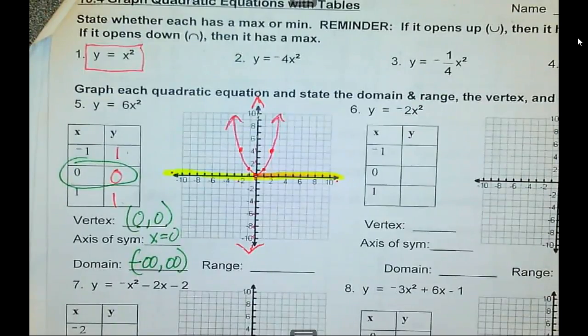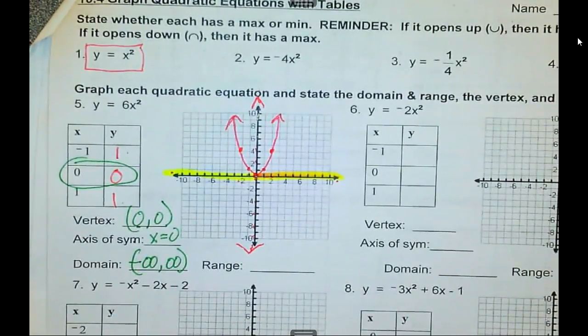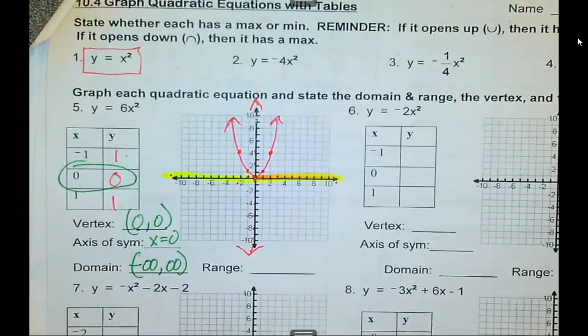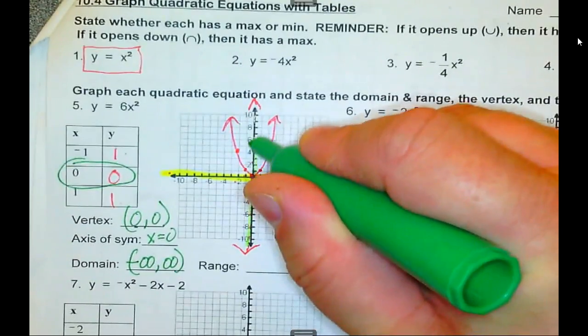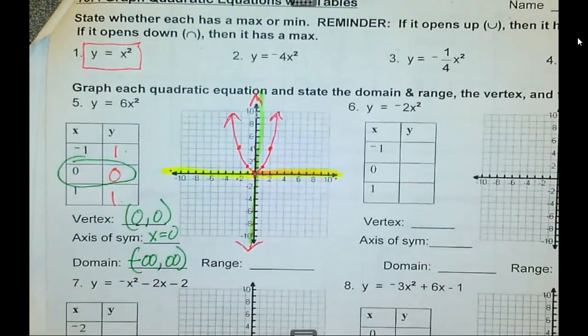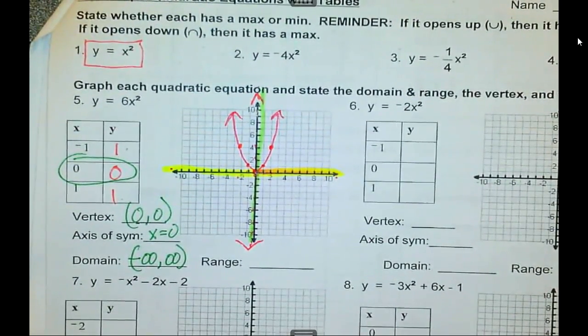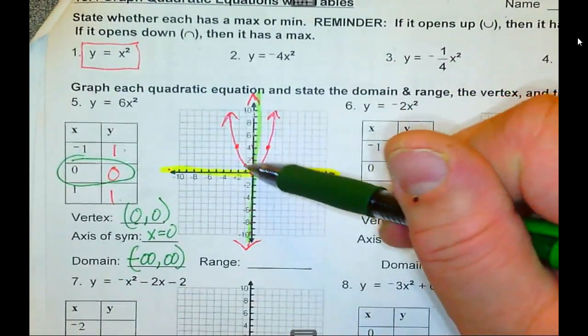What about my range? Now, what's range? They're the y values, right? So this time I'm looking at my y-axis here, which happens to be the axis of symmetry in this problem. So where's my least y value? You're looking at the y-axis and your graph.